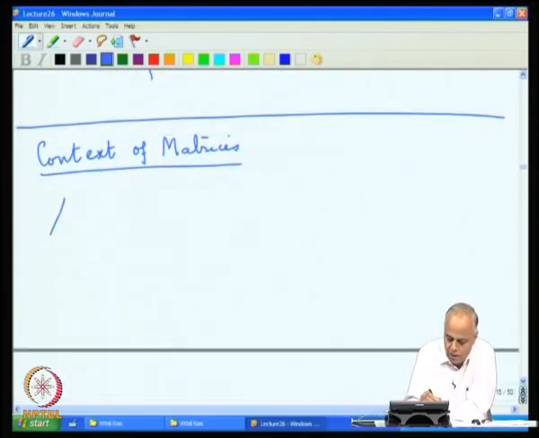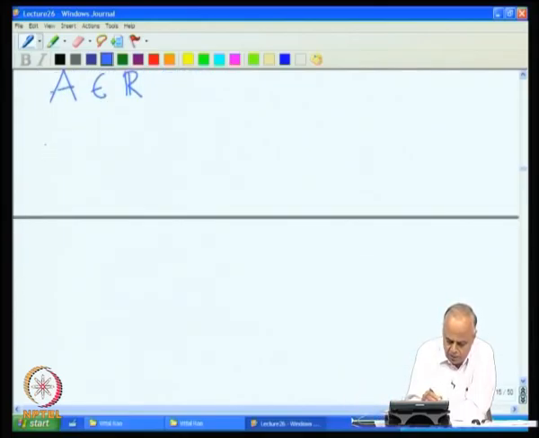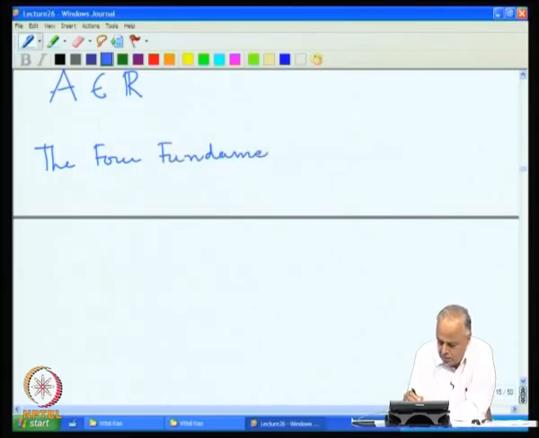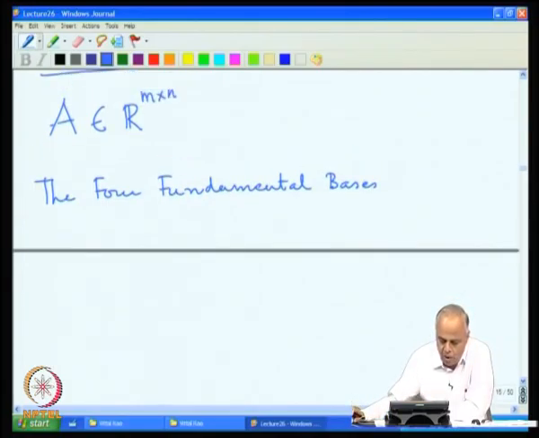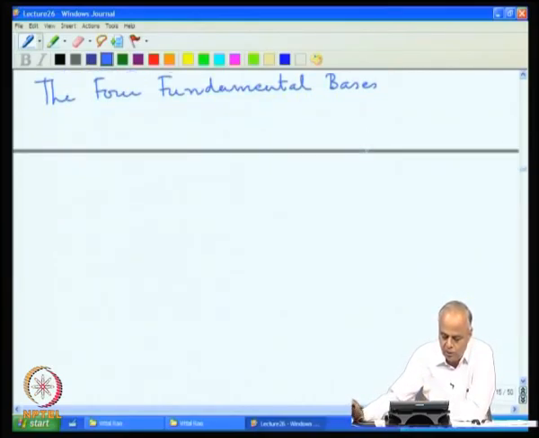So, let us now consider A to be an m by n matrix. We have seen that with every matrix we can associate 4 important fundamental subspaces. There are 2 subspaces of Rn and 2 subspaces of Rm. If A is an m by n matrix, there will be 2 subspaces of Rn.